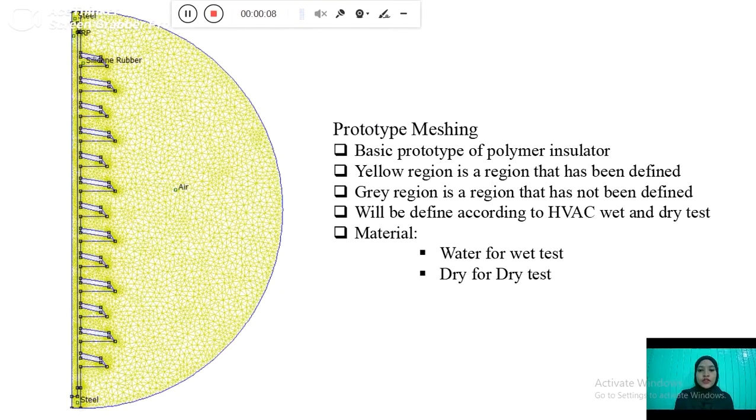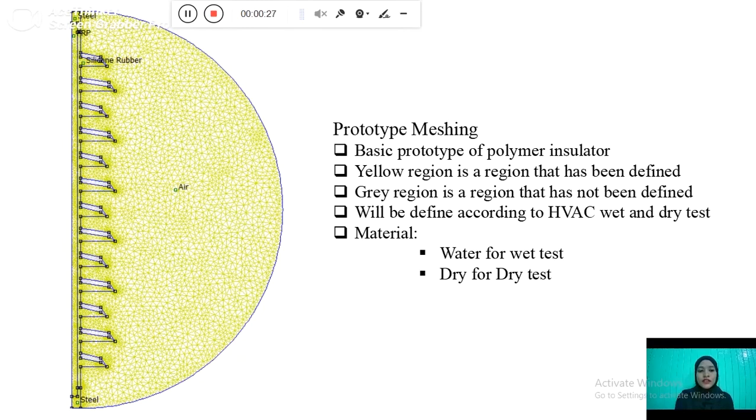Okay, next is prototype machine. So this is our prototype after we run the mesh analysis. As for the yellow region, it is the region that has been defined, and the gray region is the region that has not been defined.